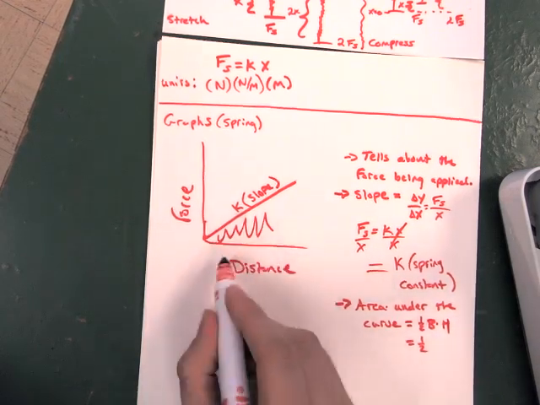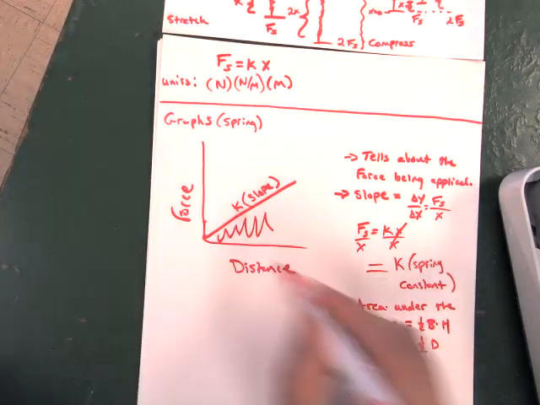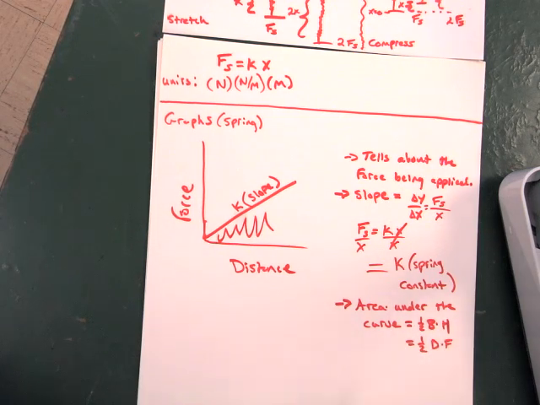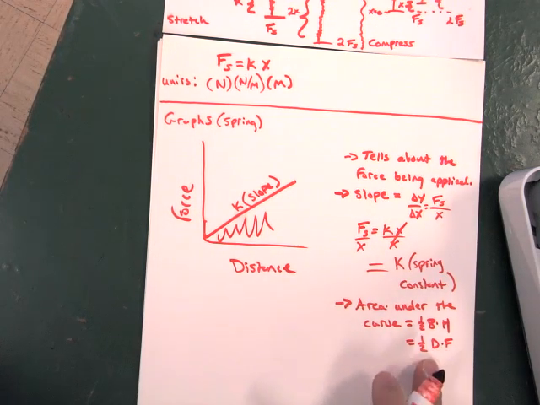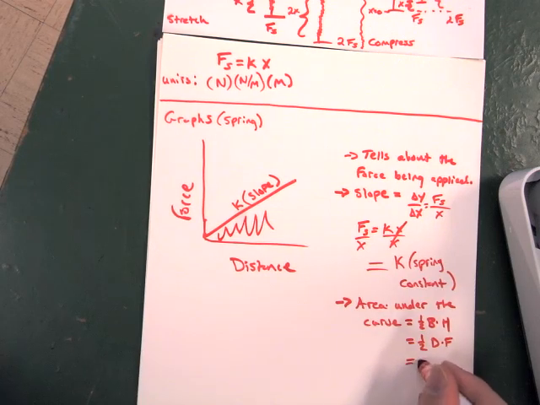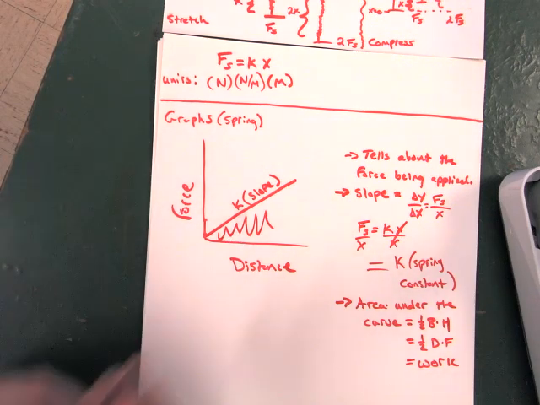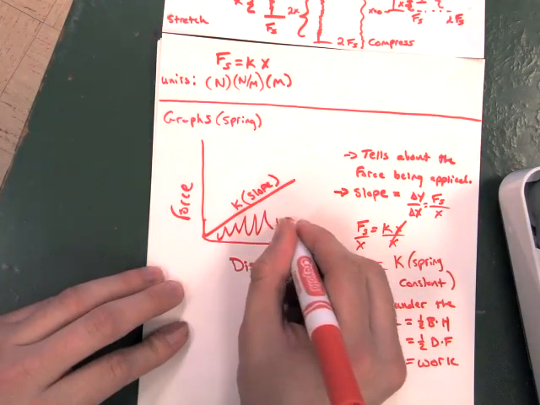So 1/2, our base is distance, our height is force. Force times distance gives us work. So the area under the curve of a force versus distance graph will give you work.